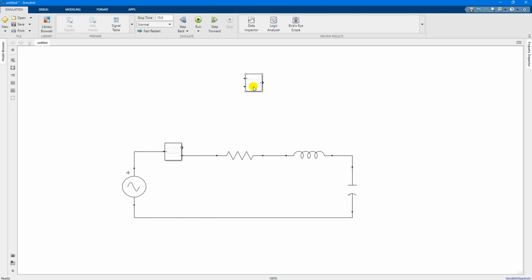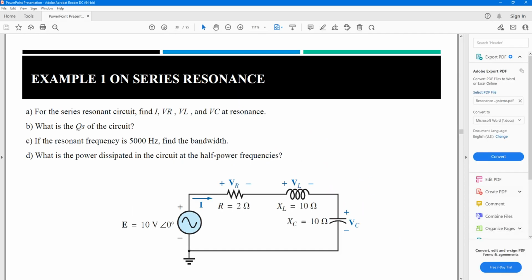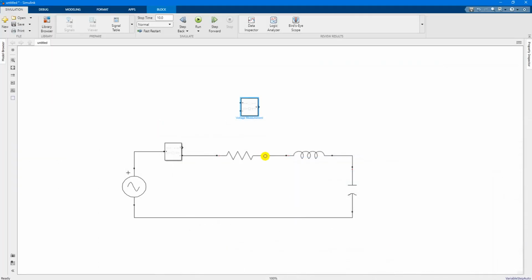Second thing, we need to measure the voltage across the resistor, the inductor, and the capacitor. So the voltage is plus minus. This is the voltage I would like to measure, and the plus minus here and the plus minus here. The positive of the measurement goes here and the negative here.